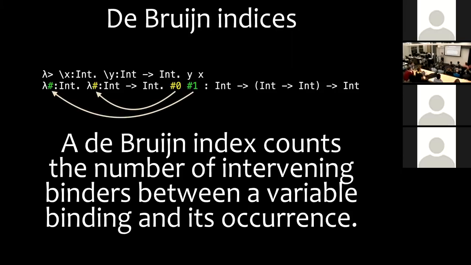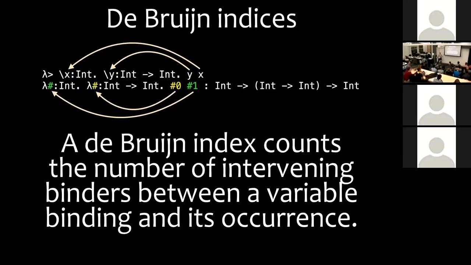And so here we can see that this 0 corresponds to the variable that was bound there, because there are 0 intervening binders. And the 1 here corresponds to that variable bound there, because there's 1 intervening binder, right? Where this is the intervening binder. And that's what de Bruijn indices are. It's a different notation for variables that means we don't have to come up with names anymore. And so that's going to correspond to how we would write it more naturally.